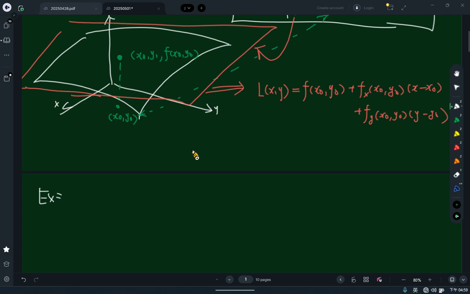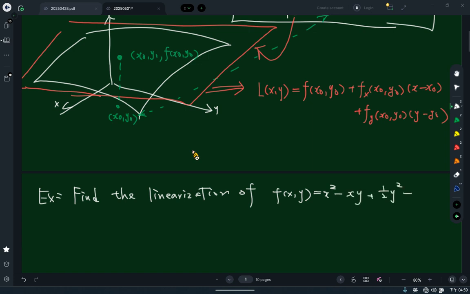The example is just like this. Find the linearization of f of (s, y) equal to s squared minus sy plus 1/2 y squared plus 3 at (3, 2).